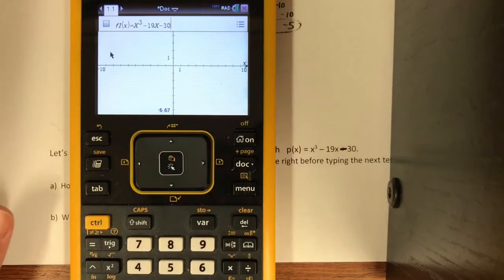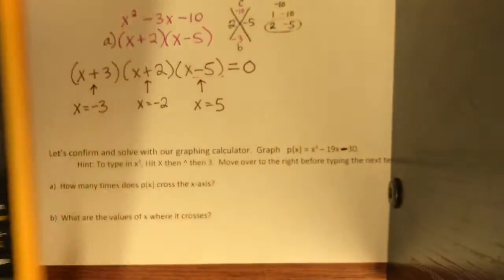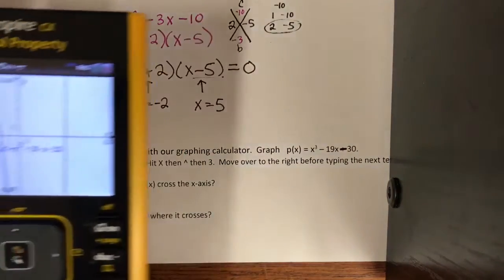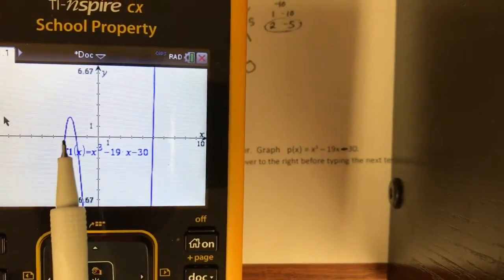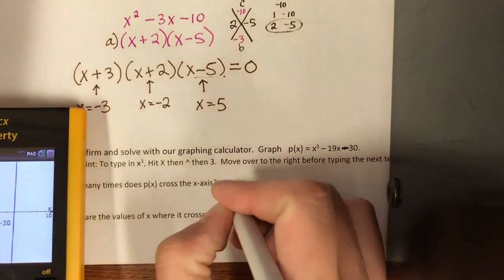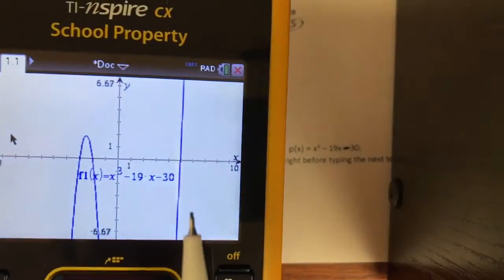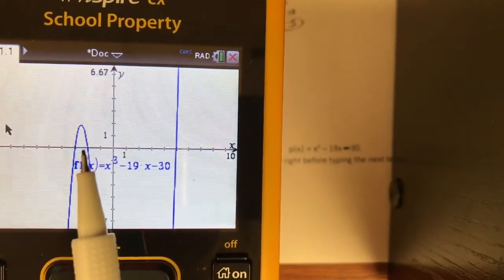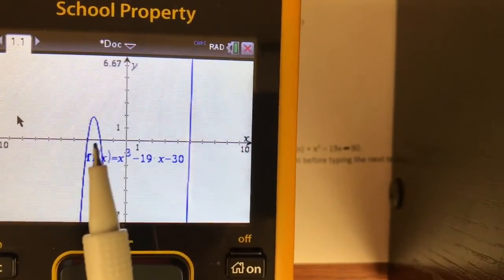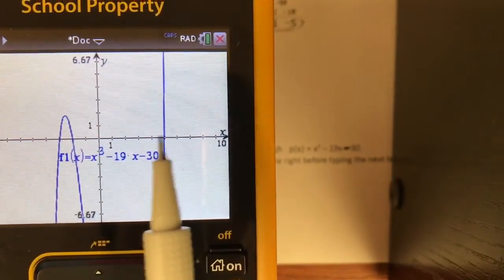Enter. And now I can see that graph. So let's check, how many times does p of x cross the x-axis? 1, 2, 3. What are the values of x where it crosses?